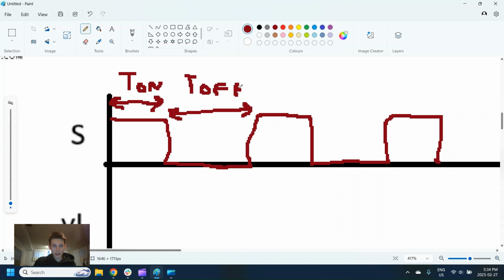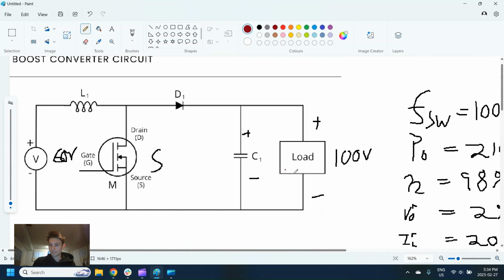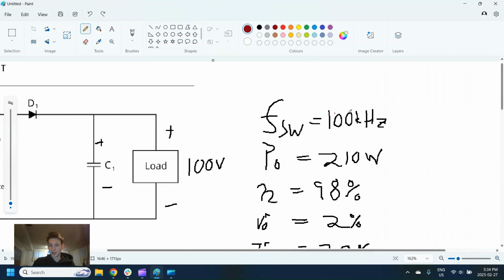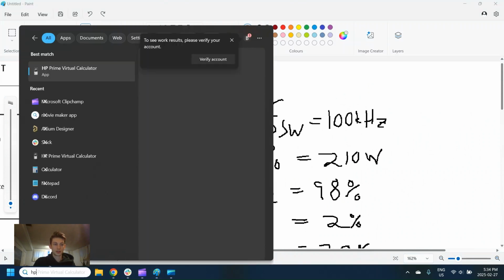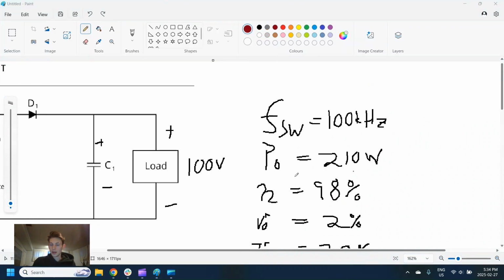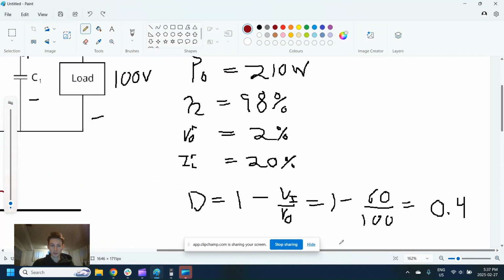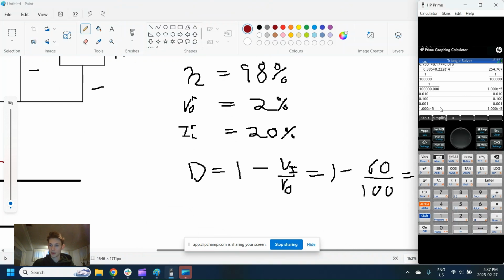And we can actually calculate these times based on the switching frequency. So we have an assumed switching frequency of 100 kilohertz. And let me just pull up a calculator here. So that gives us a switching period of 10 microseconds, I think.